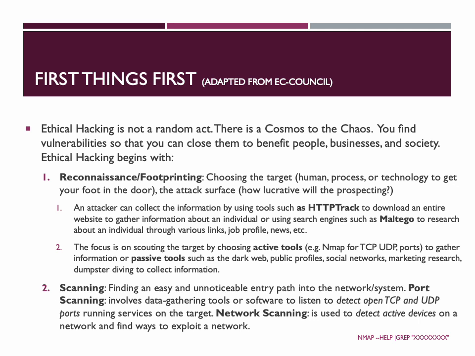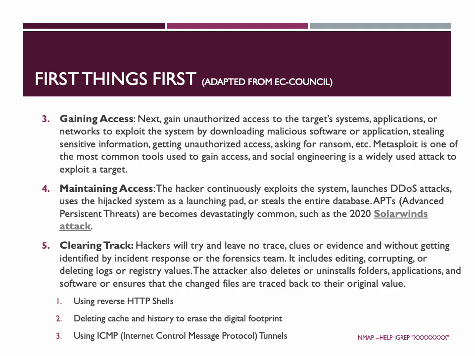Network scanning is used to detect active devices on the network and to find ways to exploit a network, right? So you're trying to find out active devices, or you're looking for ports. So you can do port scanning, or you can do network scanning to figure out how things are operating, what's open, what's not open, like trying out doors outside the house before you enter the house.